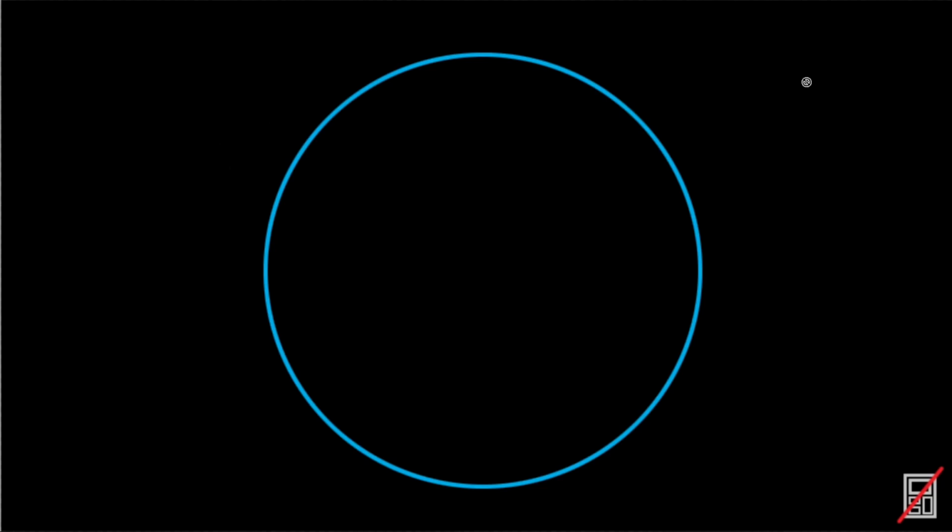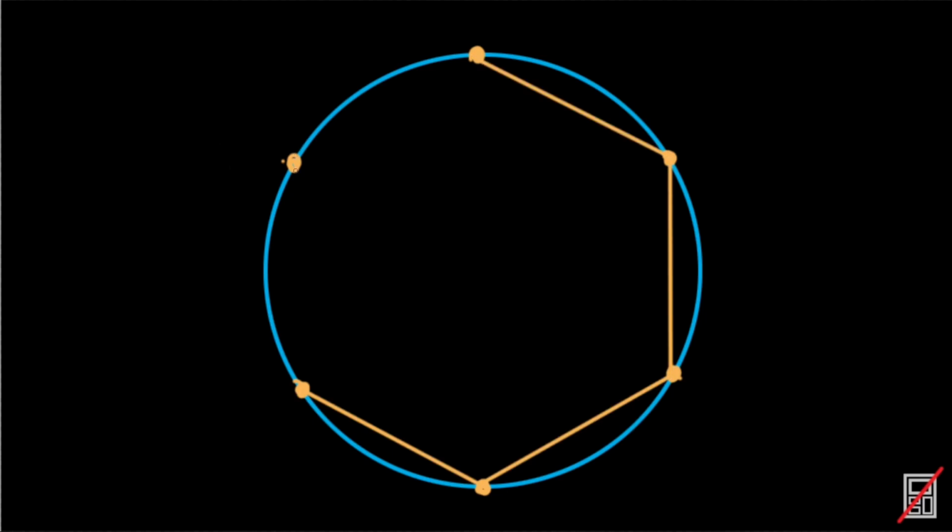Very common in high school geometry. And so if we draw ourselves a hexagon here, we can ask ourselves, what is the area of this regular hexagon?